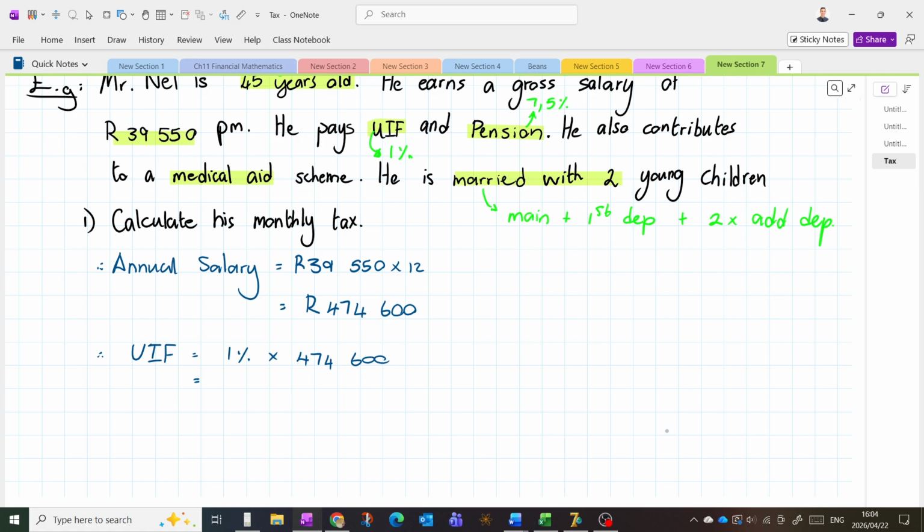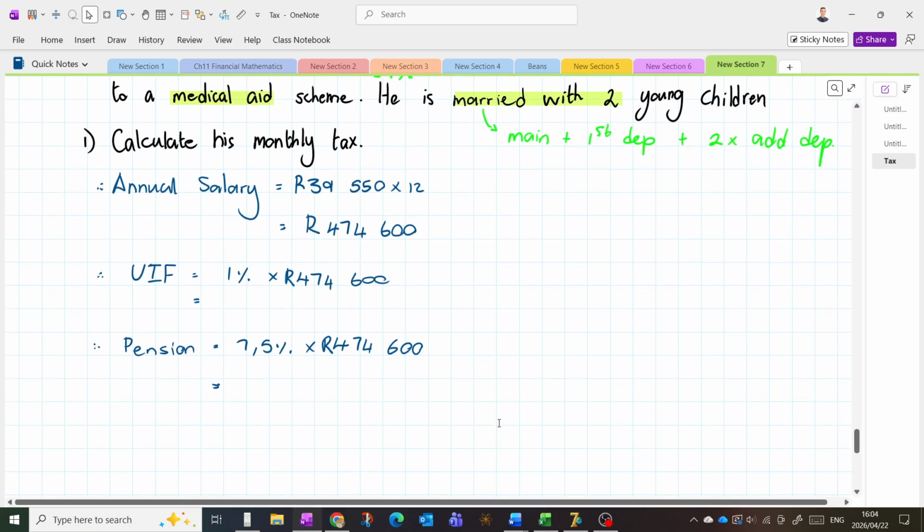I'm actually just going to write out the one for pension as well, assuming 7.5% because it wasn't mentioned otherwise. So 1% for UIF, 7.5% for pension. And those two values cannot then be taxed.